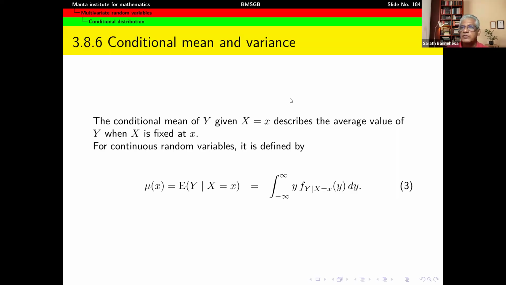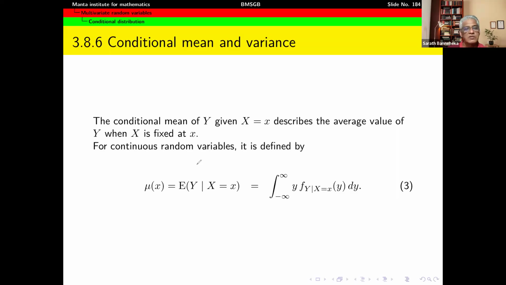Suppose, for example, the means of these different distributions are different. Therefore, let us denote the mean of y given x equal to small x by mu within bracket x, just to denote that the mean of y in that case is a function of x.